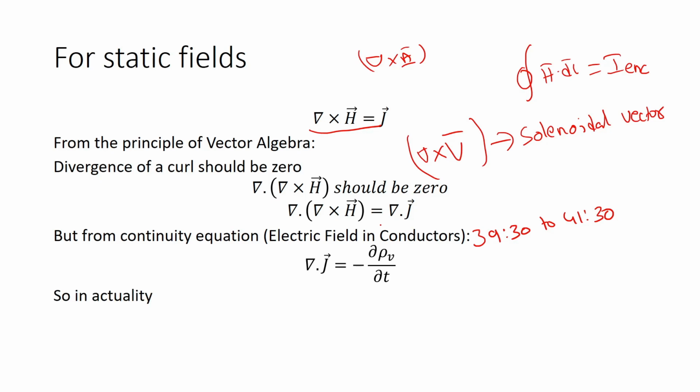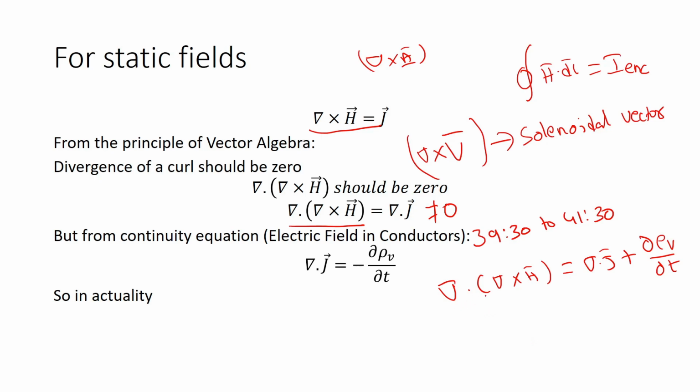So in actuality, this is not equal to 0. For the divergence to be 0, the divergence of curl of H bar should not be equal to the divergence of J bar alone; it should be equal to the divergence of J bar plus dou rho v by dou t.